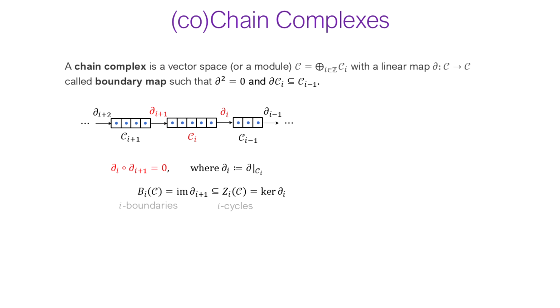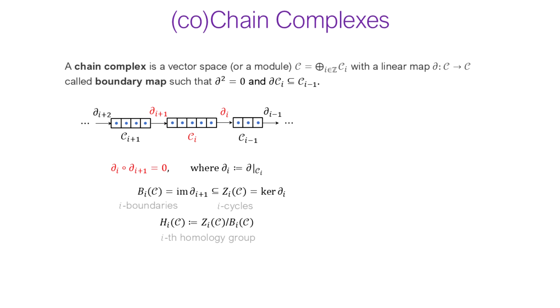Since these codes can be different, this code is called the code of boundaries, and this is the code of cycles. And so we can also consider quotients, and these quotients are called homology groups in algebraic topology.